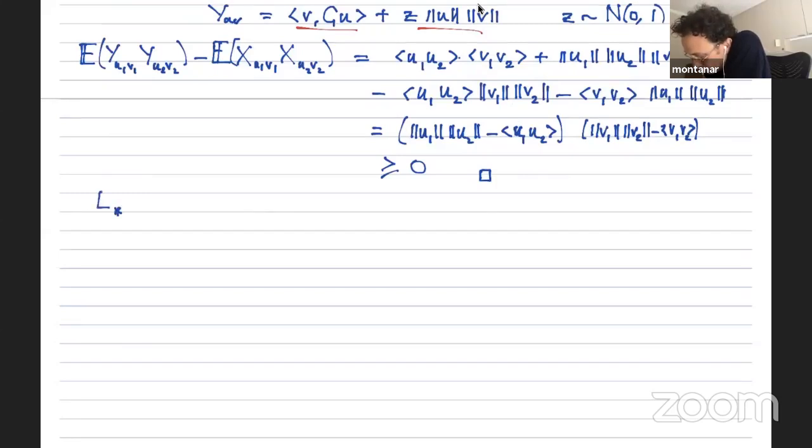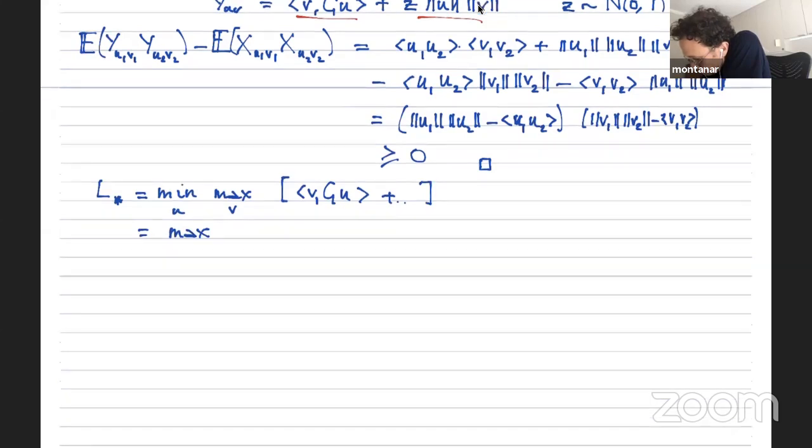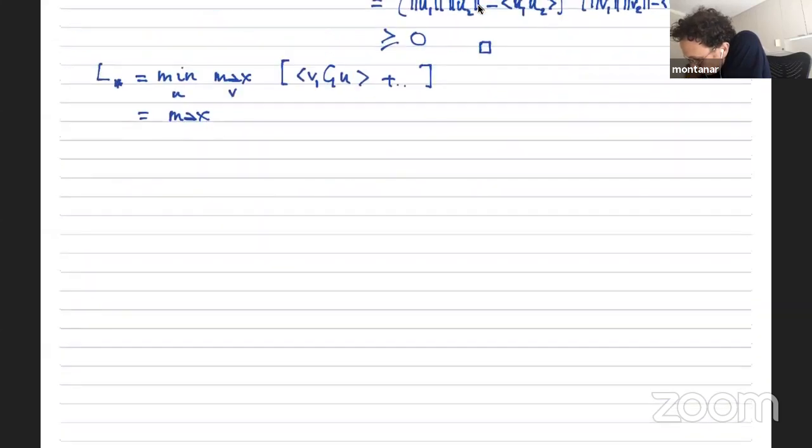If the problem is concave convex, then this L star is a min over U, max over V of VGU plus blah, blah, blah. And this is equal to max over V, min over U. And here I'm using the concave convexity.